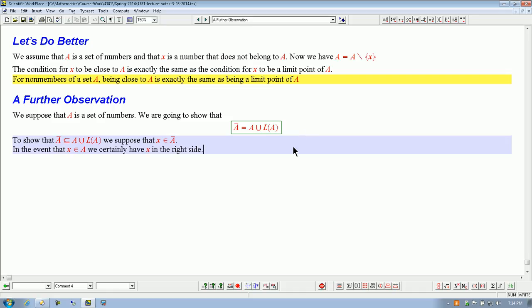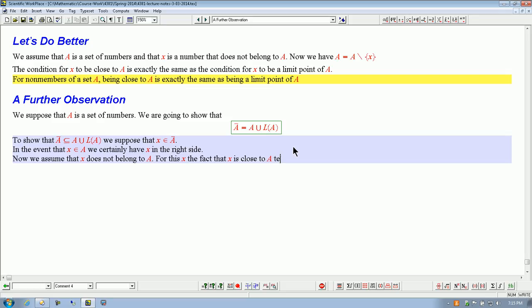But what happens if X doesn't belong to A? Now we assume that X does not belong to A. Well, for this X, the fact that X is close to A tells us that X is a limit point of A, because I told you a minute ago that for numbers that don't belong to the set, there is no distinction between being close to the set and being a limit point of the set.